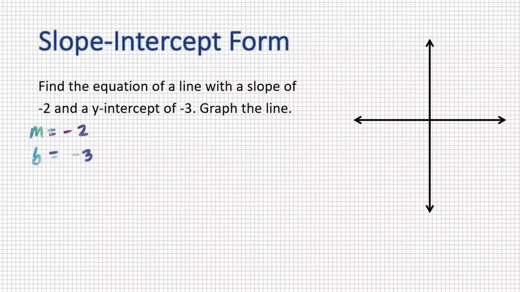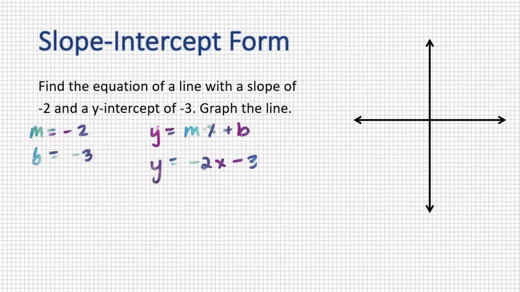We're in slope-intercept form, so the formula we're looking for is y is equal to mx plus b. Now we simply substitute in the information given. So y is equal to -2x plus b, and b in our case is -3, so -3.